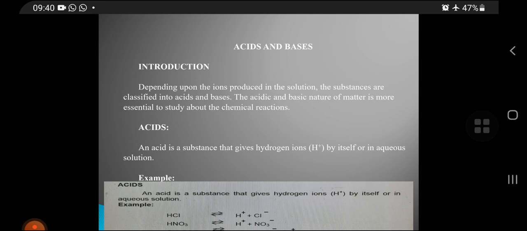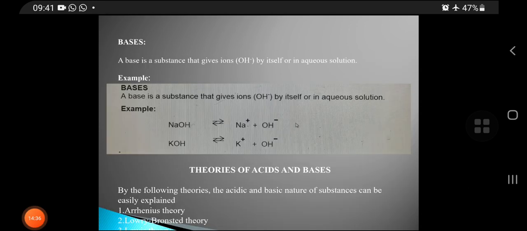Some definitions based on the general introduction. Acid is a substance that gives hydrogen ion, H plus ion, by itself or in aqueous solution. Example, HCl. HCl produces H plus ion, so we simply say HCl is an acid. A base is a substance that gives OH minus ion by itself or in aqueous solution.